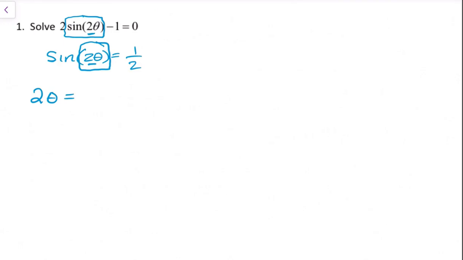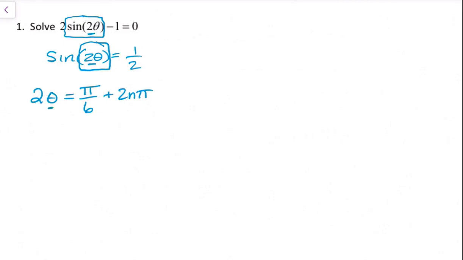I know that sine is positive in the first and second quadrants, and I know that sine is equal to a half at my pi's over 6's. So I'm going to start with the first quadrant. 2 theta is equal to pi over 6, and then to finish out the general form, I'm going to add in that 2n pi.